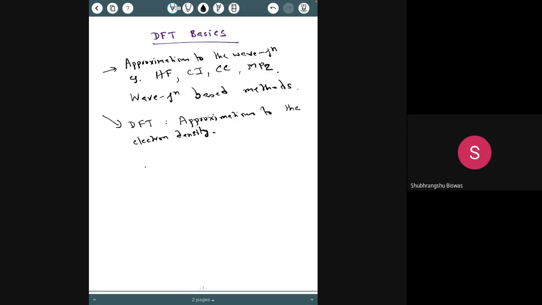The electron density is basically a function of coordinate which tells you the number of electrons at each point in space in an atom or molecule. So this is basically a composite quantity for all the electrons.